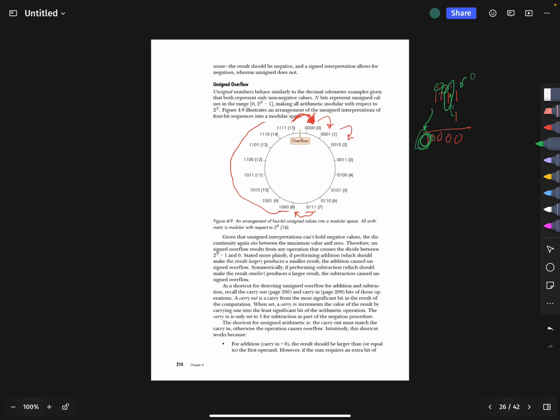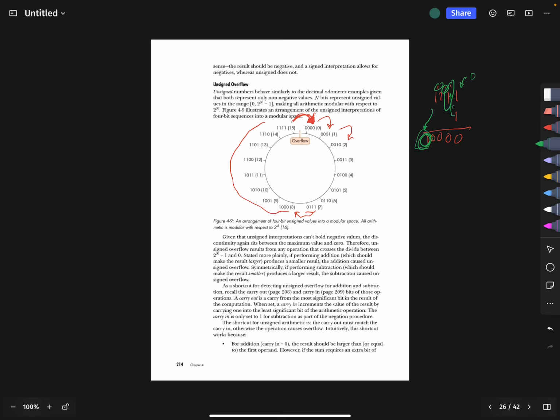If the carry in and carry out are both 1, then there's no overflow. If they are both 0, then there's no overflow. But if one of them is 1 and the other is 0, it doesn't matter which is which, if they're mismatched, then that is a simple signal telling you that there is an overflow for the signed integer addition that you're performing.